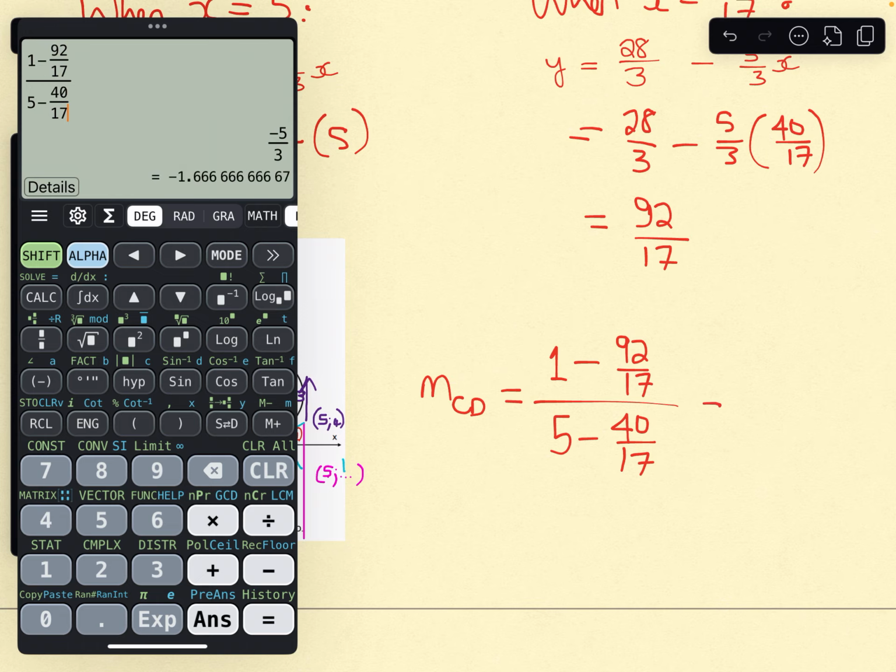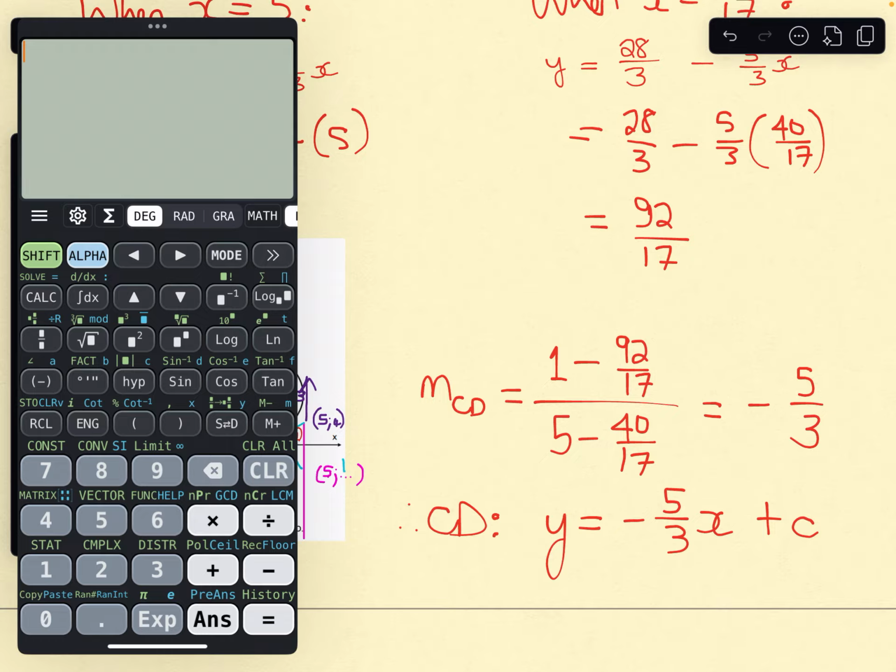Right, which is what we got before. Nice, minus 5 over 3. So therefore, the equation of CD is something like y is equal to minus 5 over 3x plus c. And then we can sub in whatever point. For fun, let's sub in C.